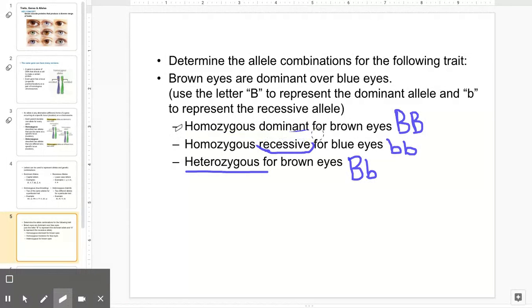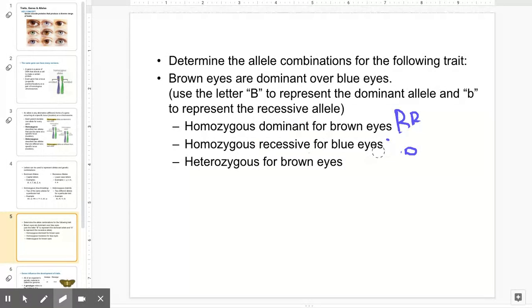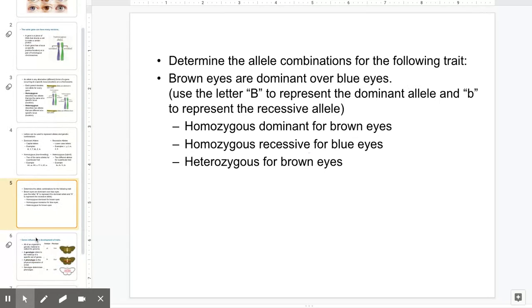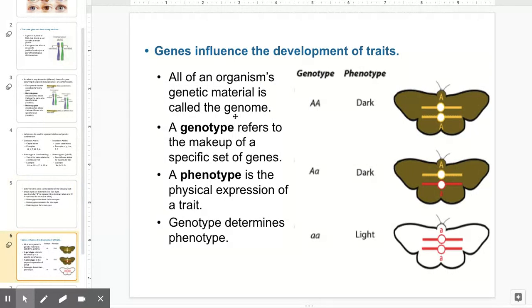All right. As we move forward here, something that I brought up but didn't get too terribly into is this idea of what an organism looks like because of those letters. And what an organism looks like is its phenotype.